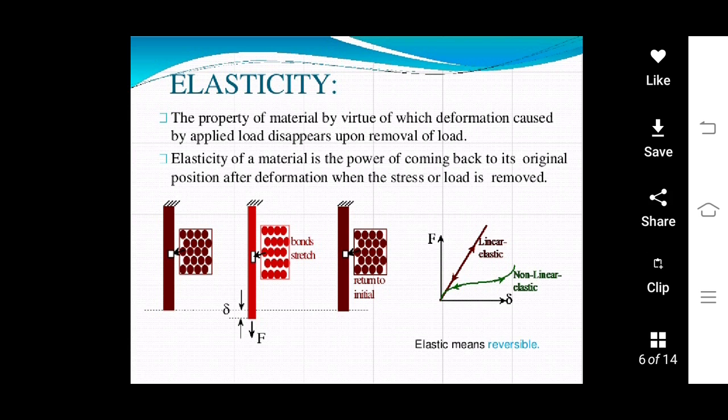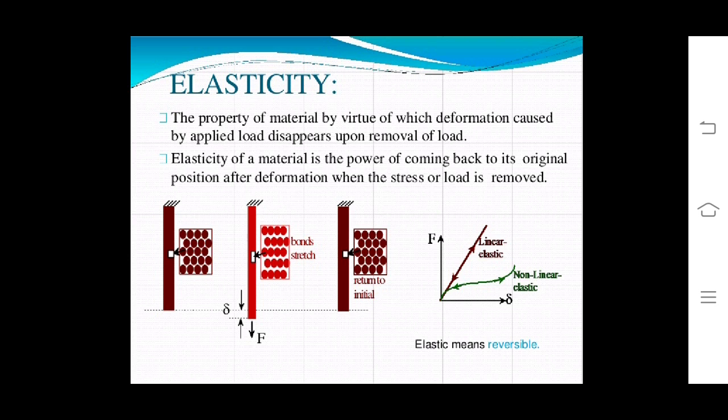Elasticity of a material is the power of coming back to its original position after deformation when the stress or load is removed. Means elastic limit or elasticity is that property of a body or metal when it regains its original size and shape after removal of loads.